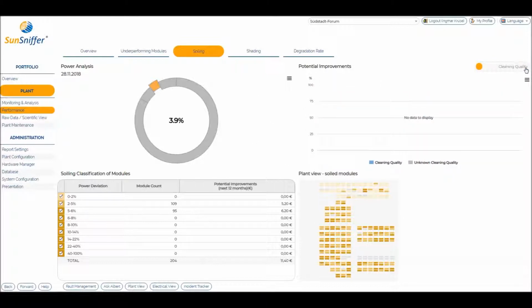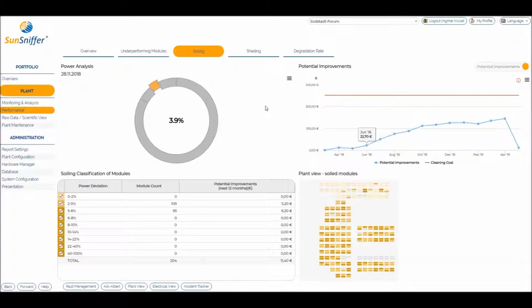In parallel, there's no data now because we didn't do any cleaning. We would show you when it was cleaned, how good the cleaning job was, because we see what the efficiency was, 60, 80, 100%. We see this very nicely in this presentation.